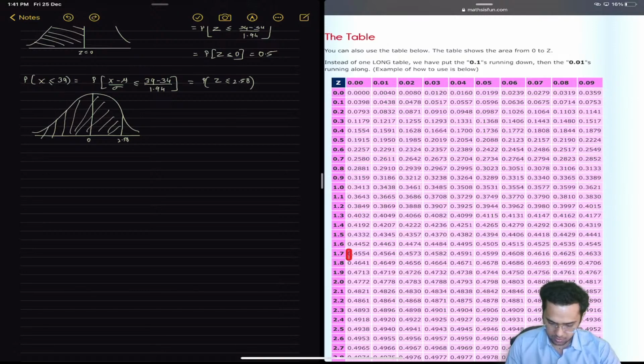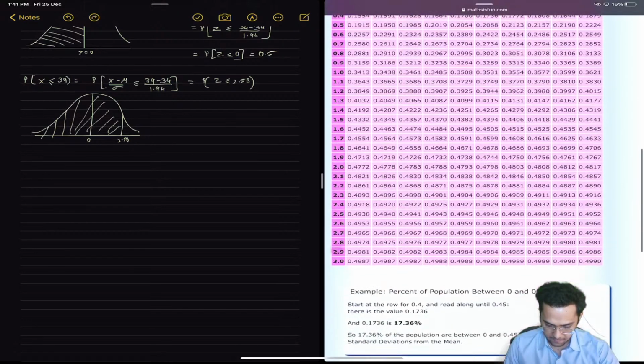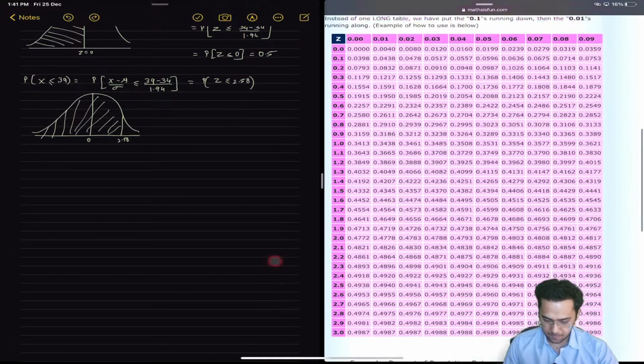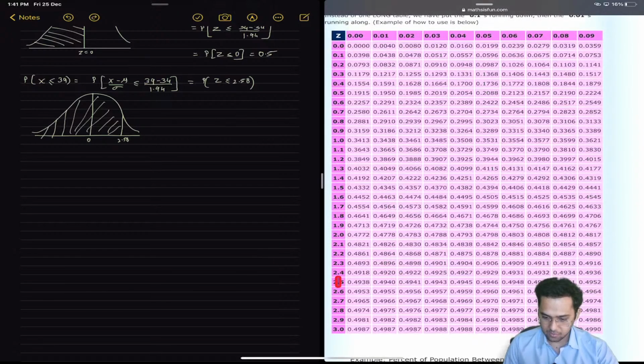So here 2.5 is the column heading, and you will see the entire row is for 2.5, but what we need is 2.58. So 2.5 and 8 over here.